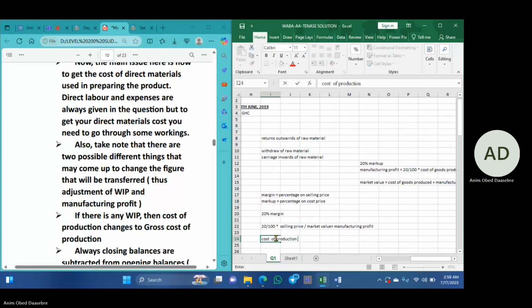That one will be your market value minus manufacturing profit. So you change the subject, and you need to find the cost of production: market value minus manufacturing profit.